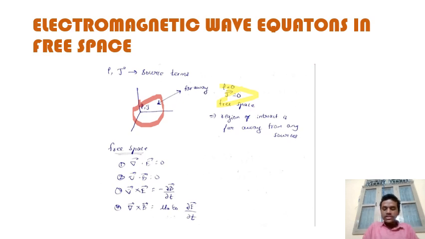Now Maxwell's equations in free space are written as follows. Divergence of E bar is equal to rho by epsilon naught, which is equal to 0, divergence of B is equal to 0, curl of E bar is equal to minus dB by dt, and curl of B bar is equal to mu naught epsilon naught times dE by dt, because J bar is also 0.